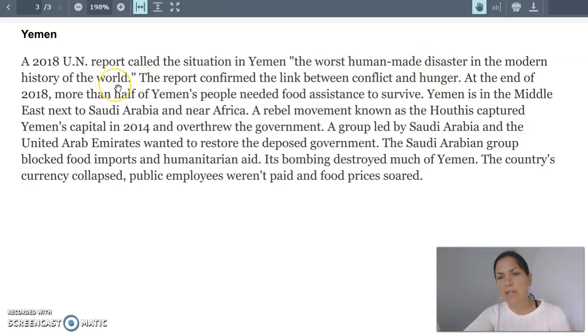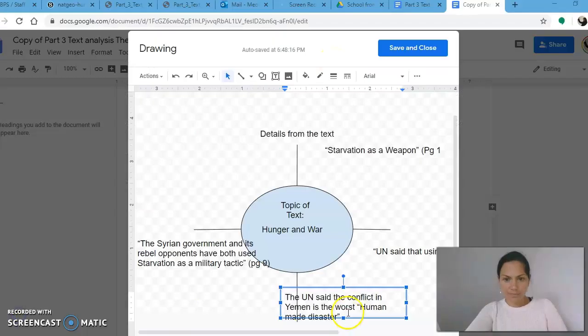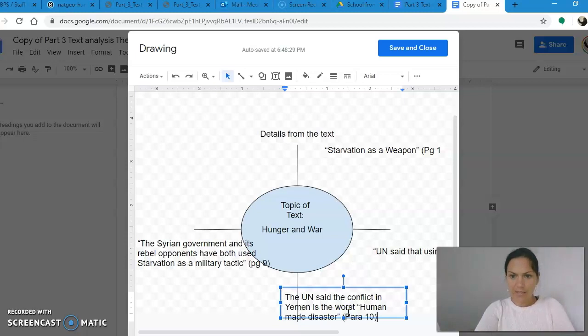And if we remember, the reason it is human-made, this disaster, is that a Saudi Arabian group has blocked food imports and humanitarian aid to the people in Yemen, causing more than half of them to need food assistance. So let's put that detail in, the worst human-made disaster. Okay, and that was in paragraph 10.